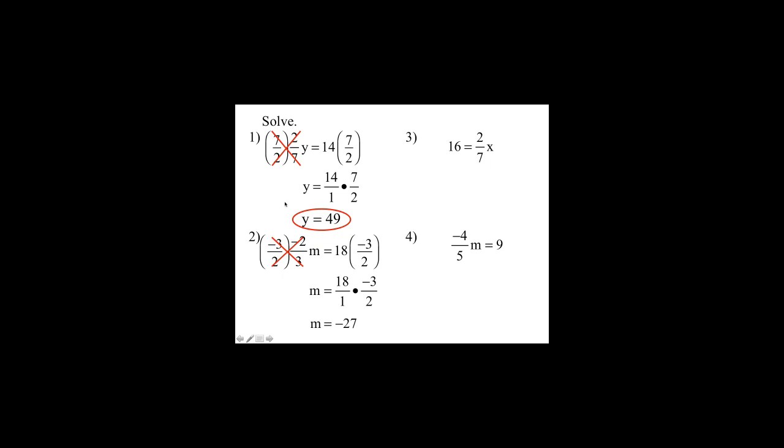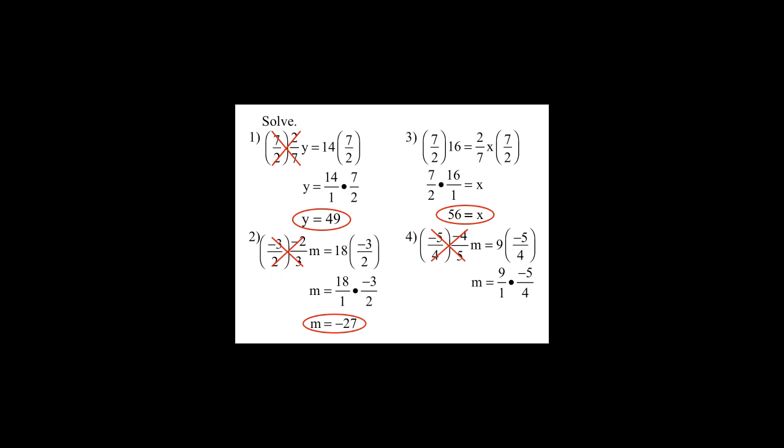M equals negative 27. Number 3, X is equal to 56. And number 4, M is equal to negative 11 and 1/4, or negative 45/4.